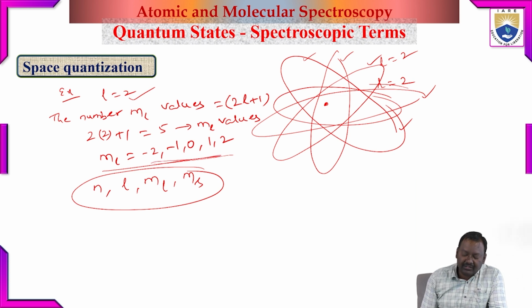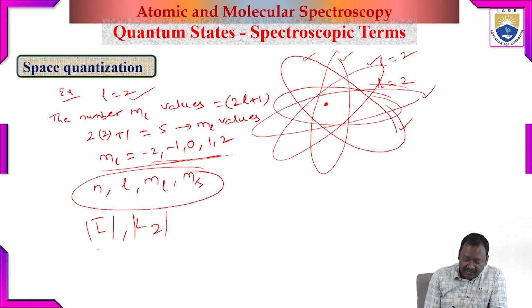Let us find the magnitudes of L bar and Lz, that is, the magnitude of the orbital angular momentum and the orbital angular momentum component in the z direction.